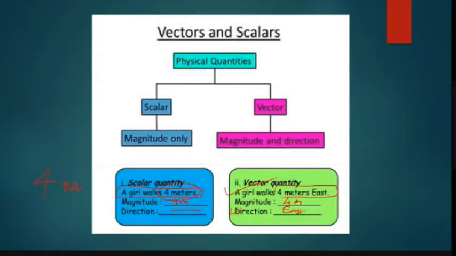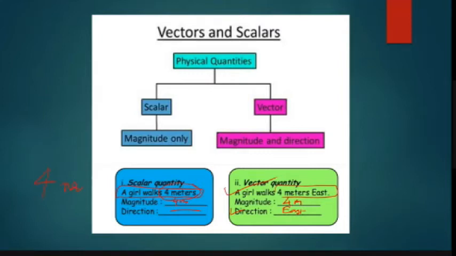What is the time now? 9:30, right? It's not 9:30 east. Time, temperature, volume, mass, pressure. So many examples are there.